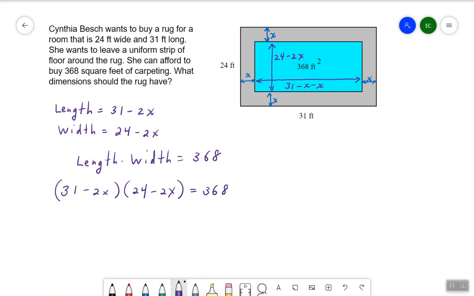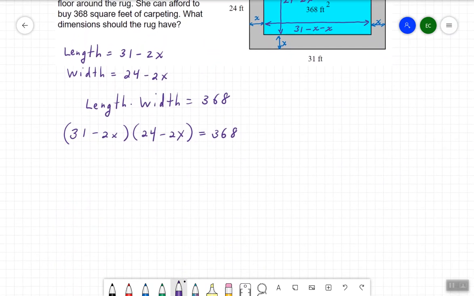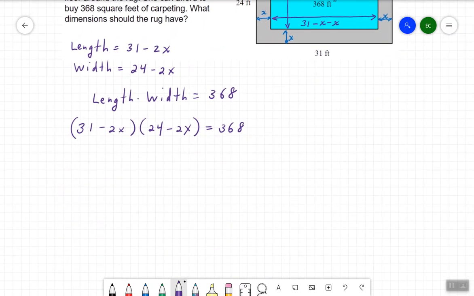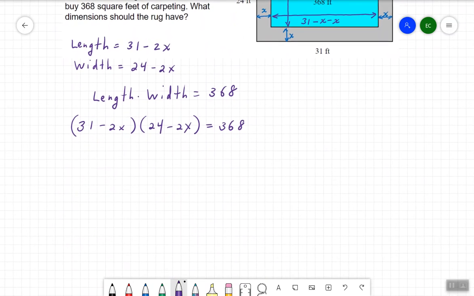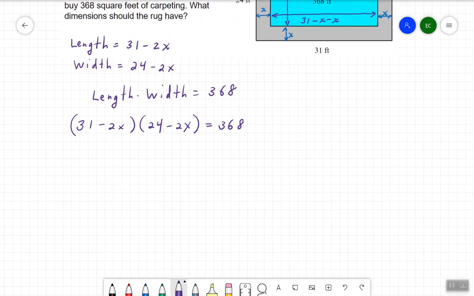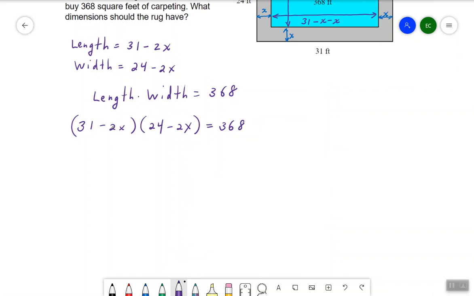So the first thing we should do is set it equal to 0. And before we can do that, we need to multiply out the two factors here on the left. Of course, we might like to solve this by factoring, but factoring only works when you have 0 on the other side.